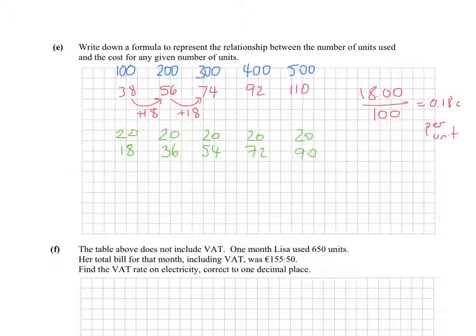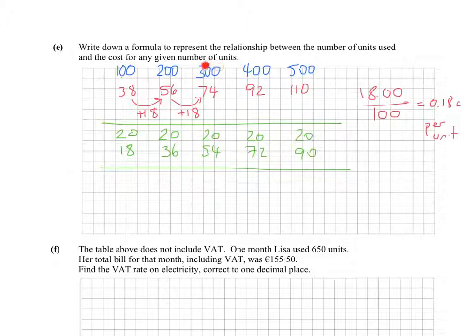And so if we think about our sequence, we've got the 20 each time, and we've got this other number. And this is where this 0.18 comes in, because that 18 is made up of 100 of 0.18. And this number here is made up of 200 lots of 0.18.